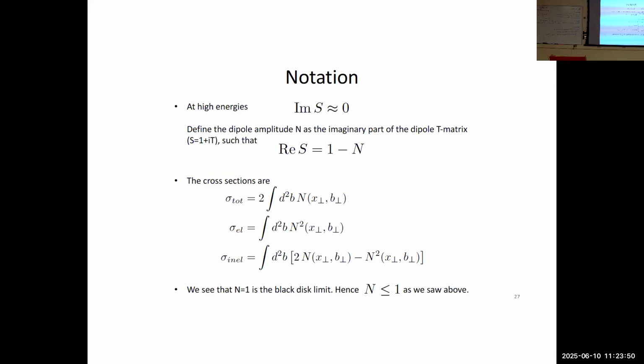Let me answer at this maybe physical hand-waving level. What we see is that when interactions become very strong, you can have multiple interactions, and that's what preserves unitarity.